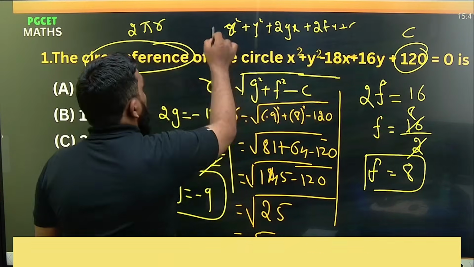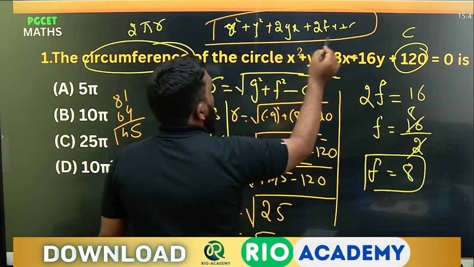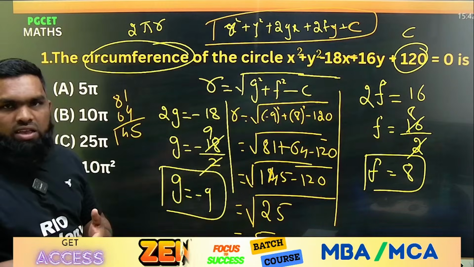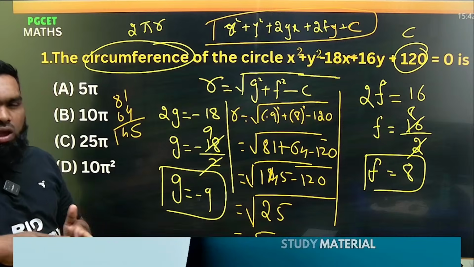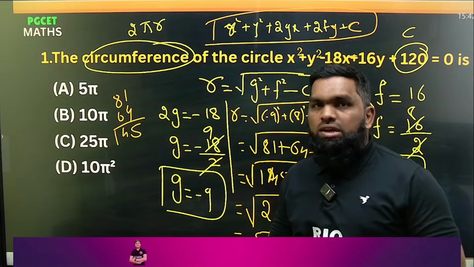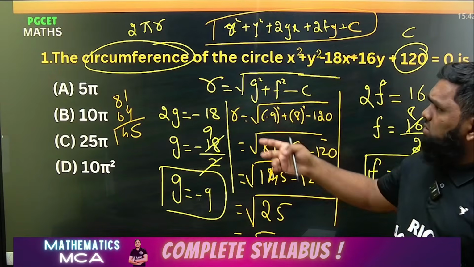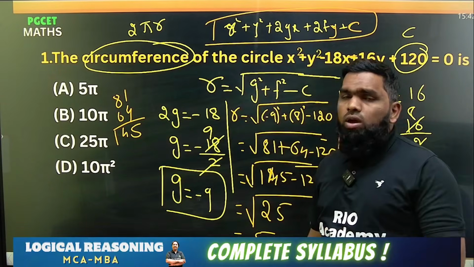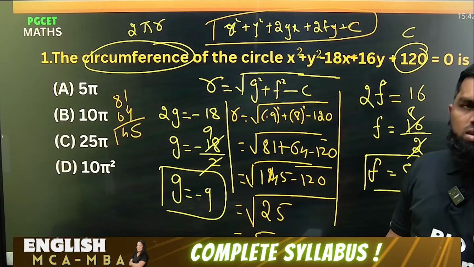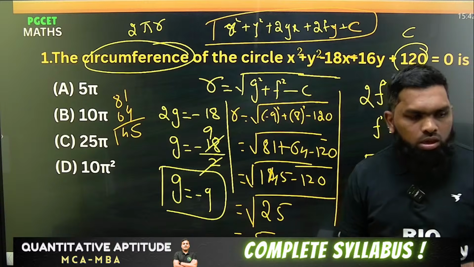This is the standard form of the equation of a circle. You have to remember, when such an equation is asked, whether you have to find the center, the focus, the circumference or the radius, you have to use this formula.